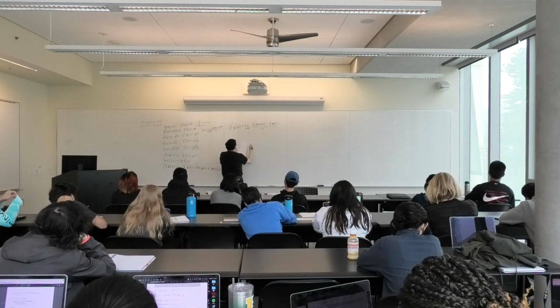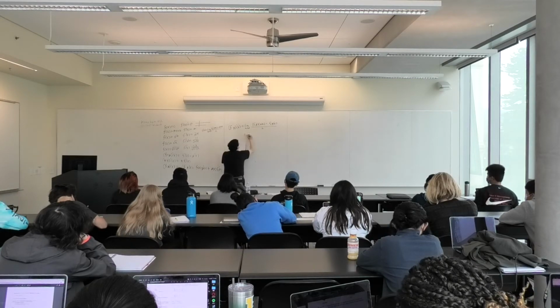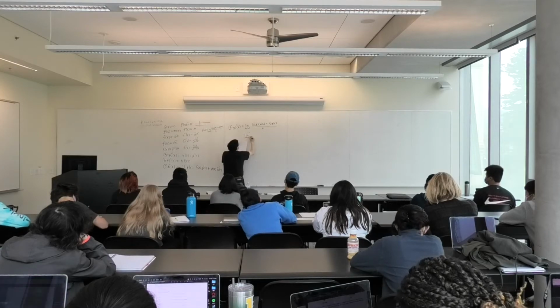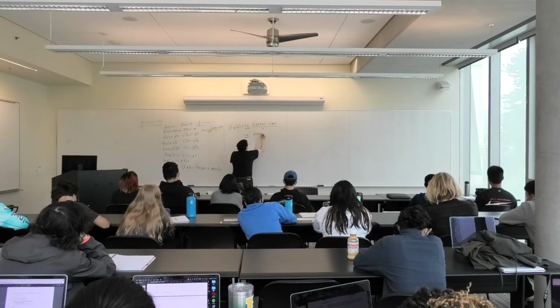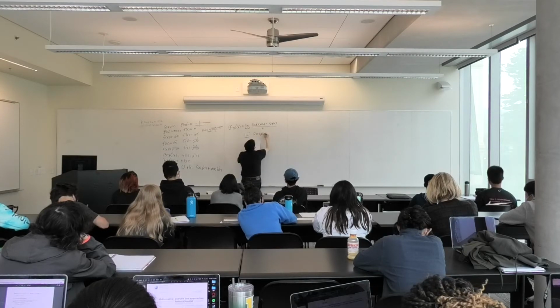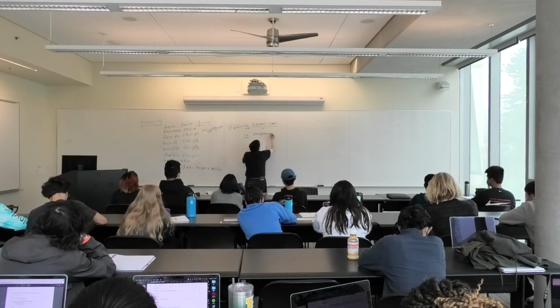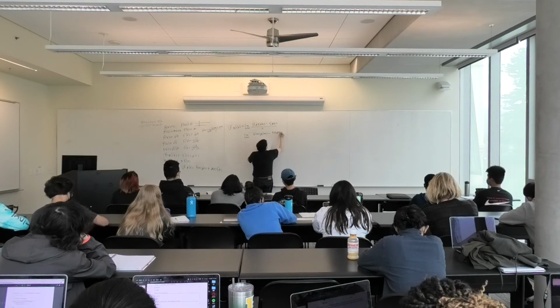Which, rewriting it a little nicer for our purposes, is f of x plus h times g of x plus h minus f of x times g of x.